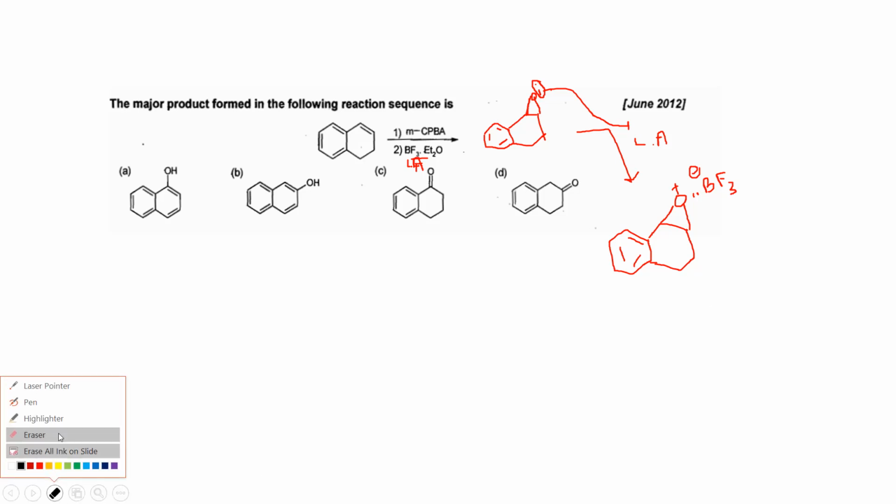So the benzylic carbocation is stable. So if you just open up from this place, it will give this carbocation.